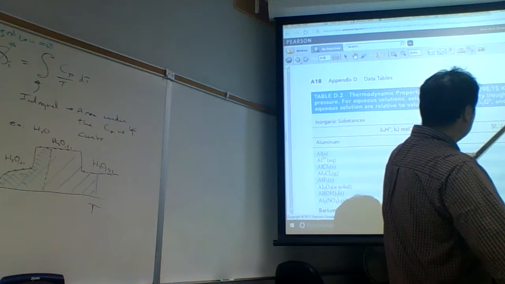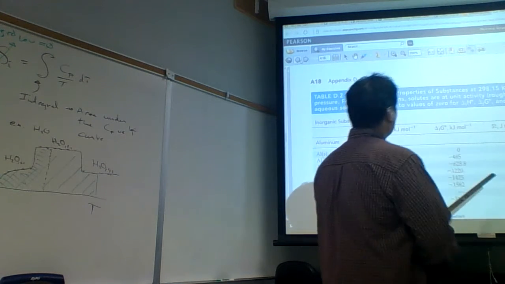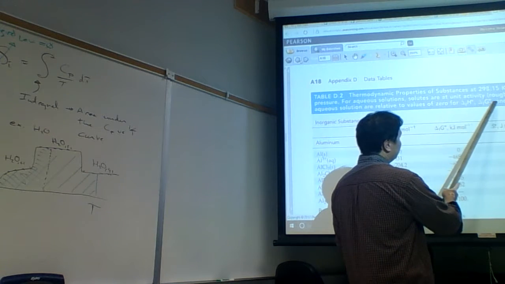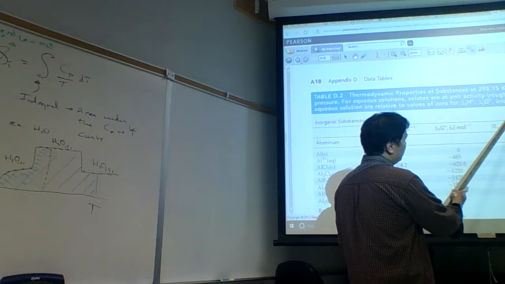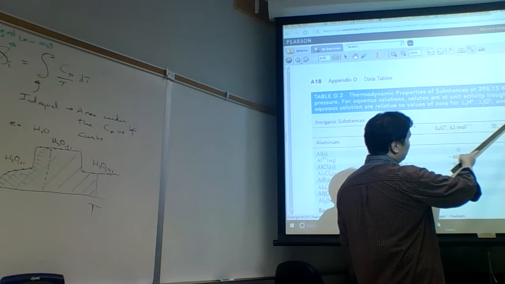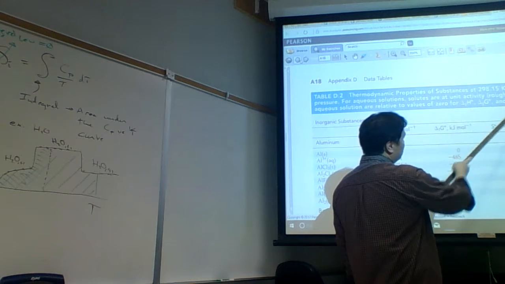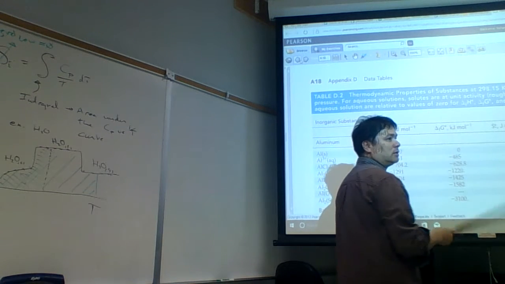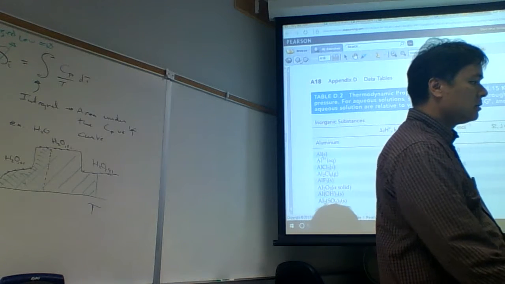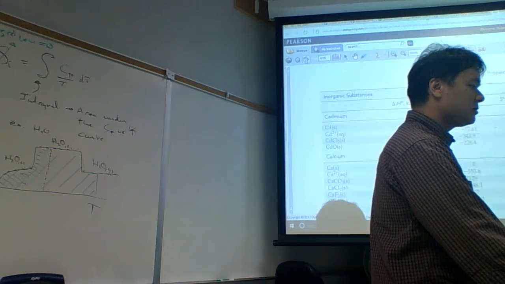It's good. Most people don't even read these. Some people will use this the entire semester and never once read this. It goes the same for the chapter too. A lot of people won't bother reading the chapter as well. But why is that? Why is the data for ions different than the data for everything else? And so this has to go back to chapter 7. The answer is in chapter 7.